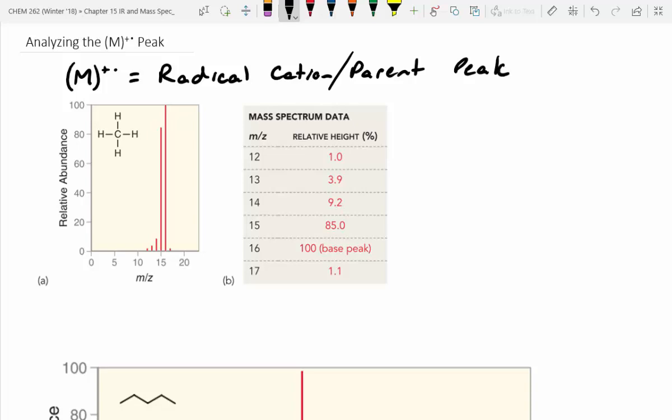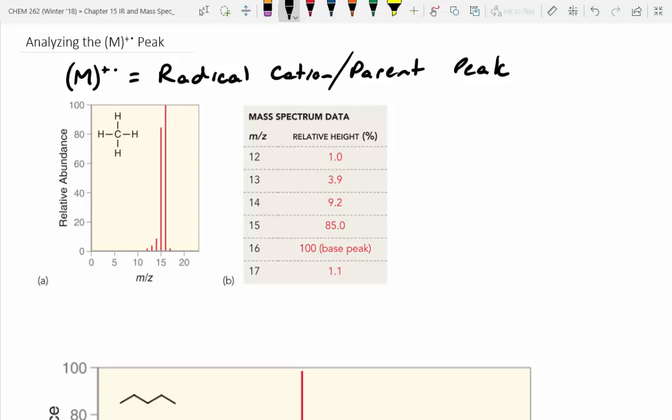Like I said on that last page, it's that peak where you just dislodge one electron, but it's before any fragmentation has a chance to take place. So this is a really important peak because it's useful for determining the molecular weight of compounds, right? Because it's before anything's fragmented apart.